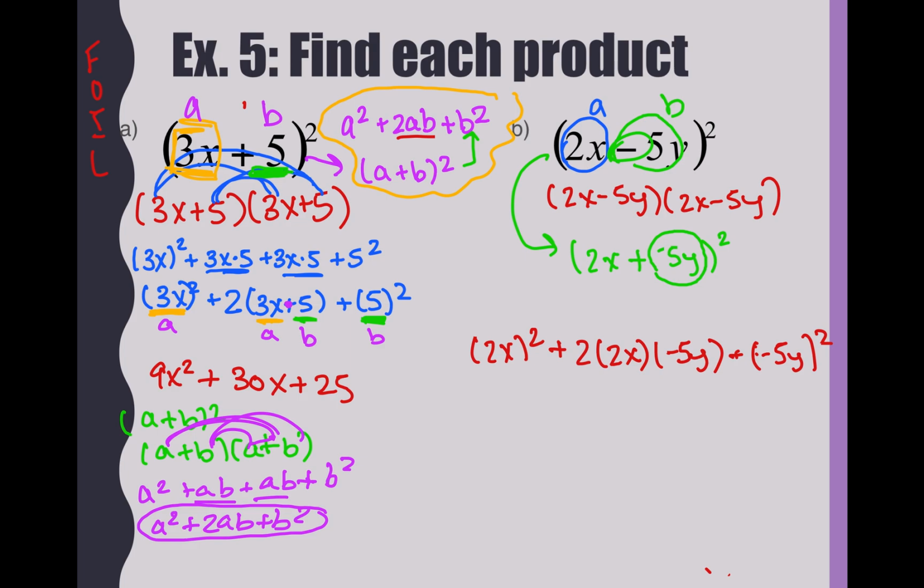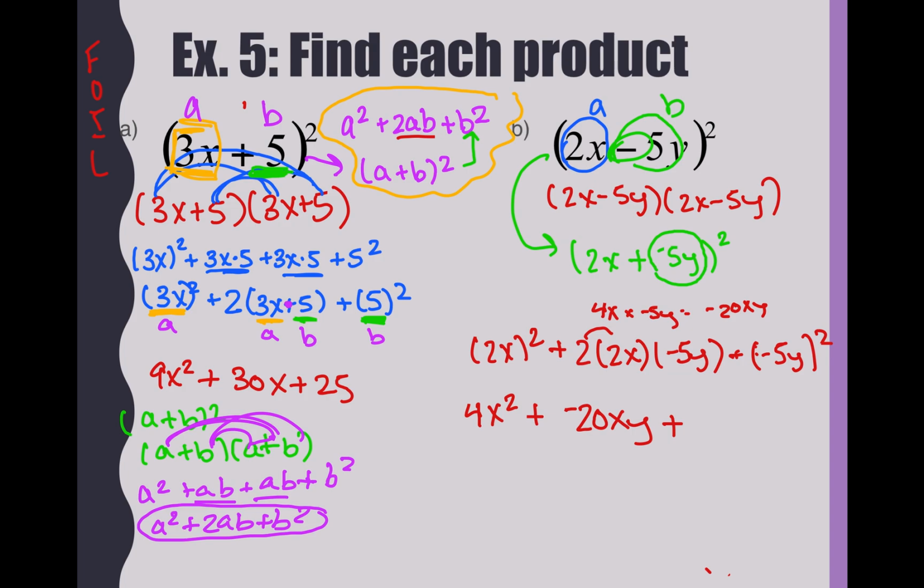Now I just have one more step to finish my multiplying. 2x squared is 4x squared, because I have to do 2 squared and x squared, plus 2 times 2x times negative 5y. 2 times 2x is 4x, and times negative 5y gives us a total of negative 20xy, plus negative 5y squared.